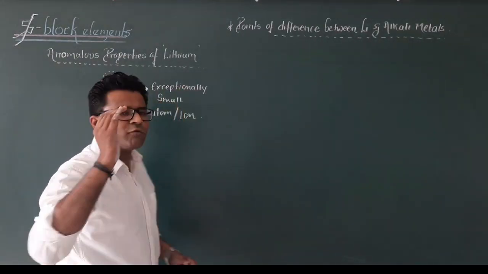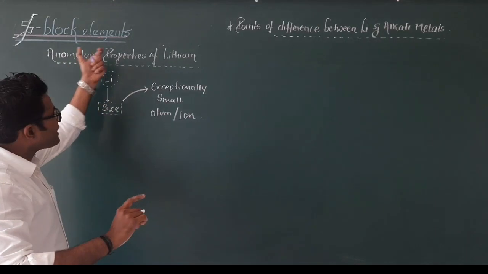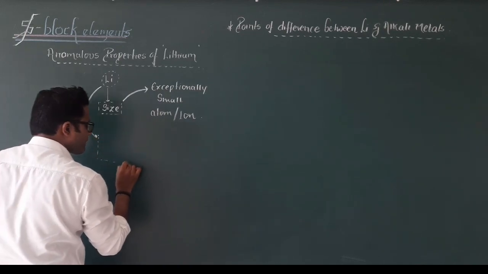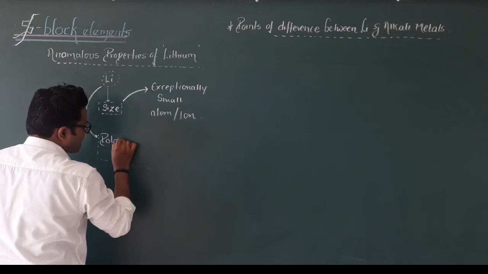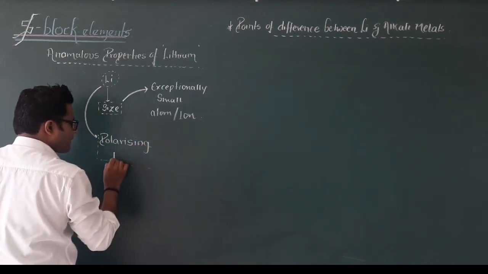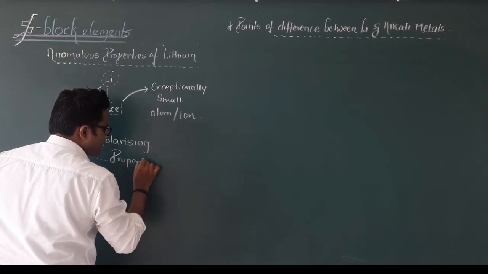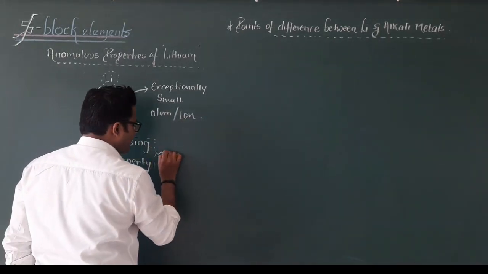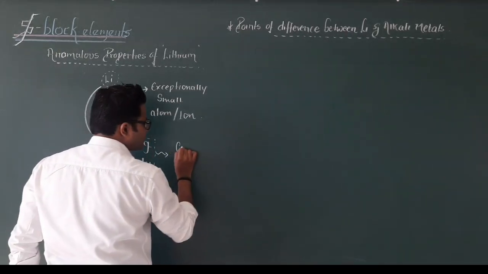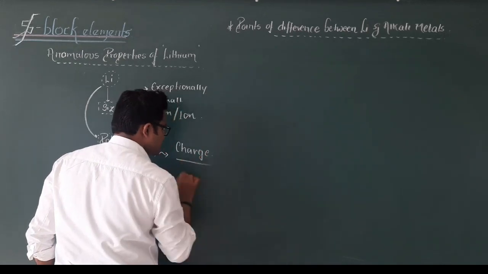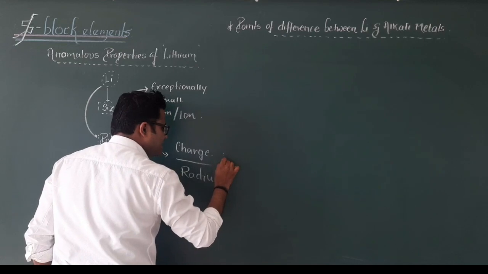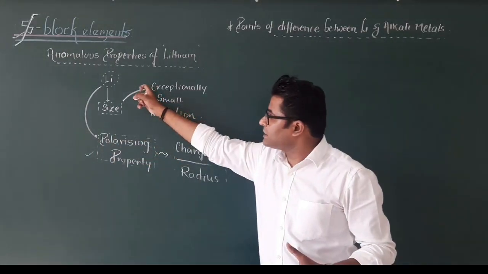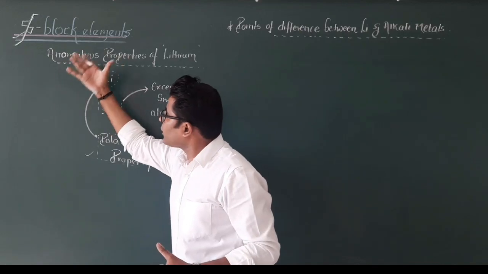Due to this exceptionally small size of atom and ion, it shows anomalous properties. The second one is its high polarizing capacity, which is nothing more than the ratio of charge to radius. Due to this high polarizing power, it shows anomalous properties.